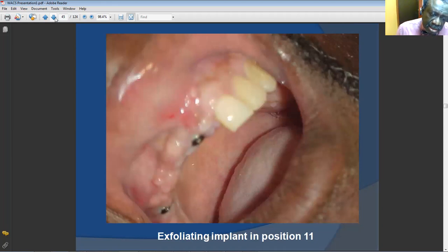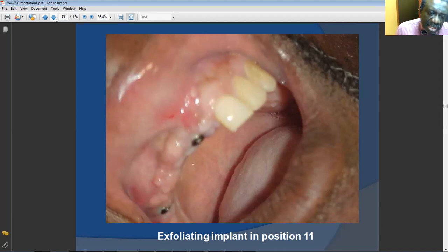All the remaining teeth in the maxilla were very clean, white, no decay, and all the mandibular teeth, the same thing, white, nice, clean, no decay. And I never asked him how he lost the upper anterior teeth. That was a big problem for me in this case.